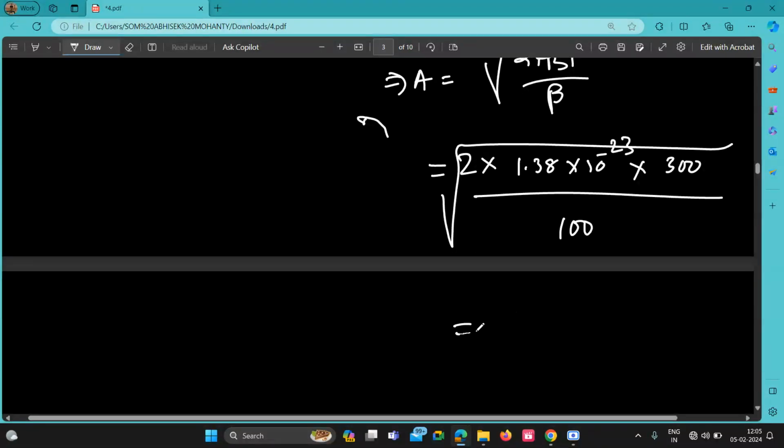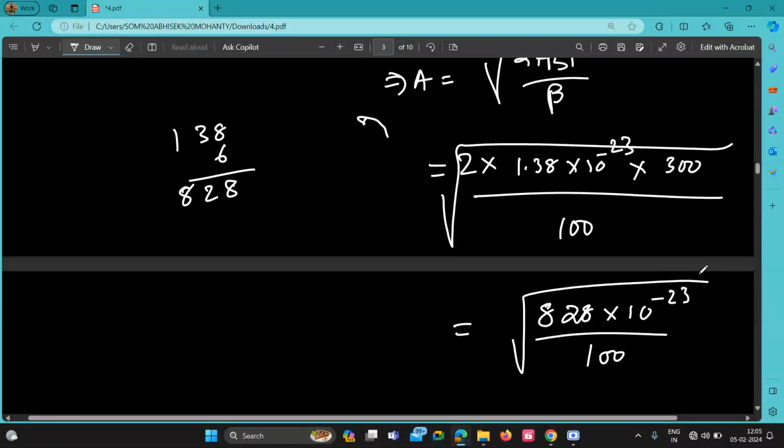So if you calculate this, 600 into 1.38 is 828. So this will be 828 into 10 to the power minus 23 by 100, root over.